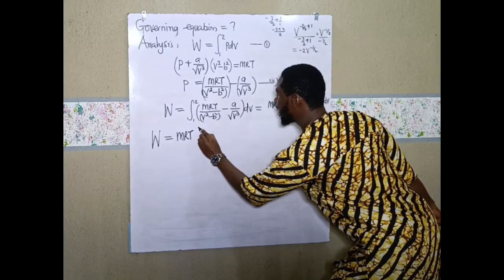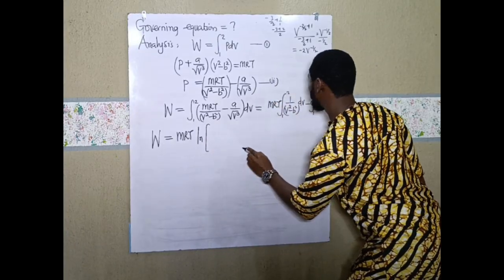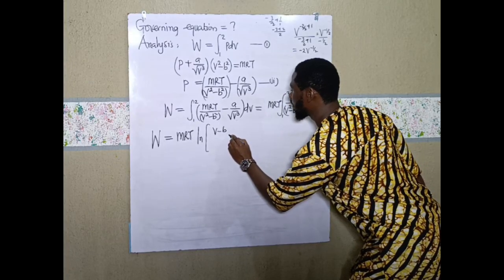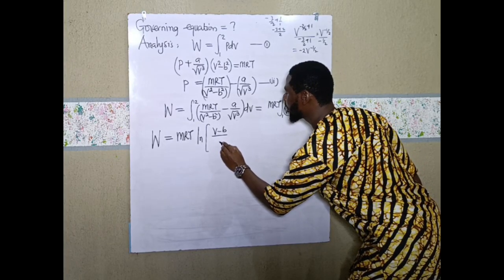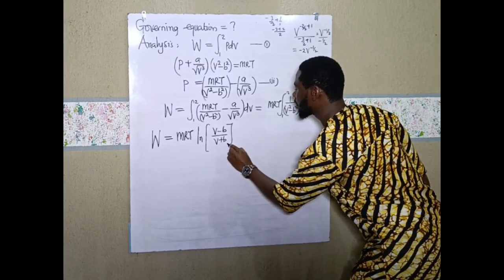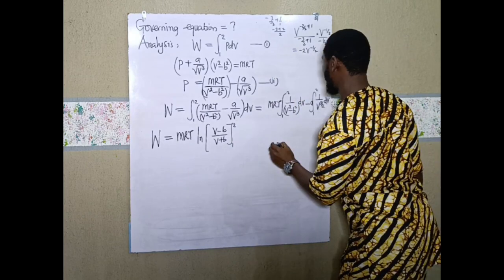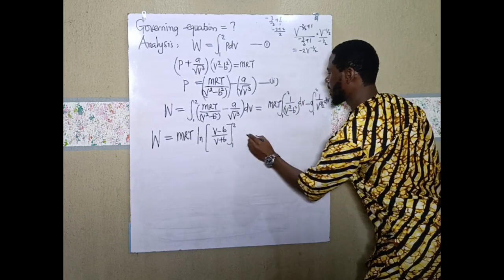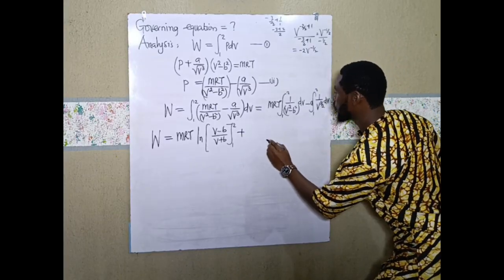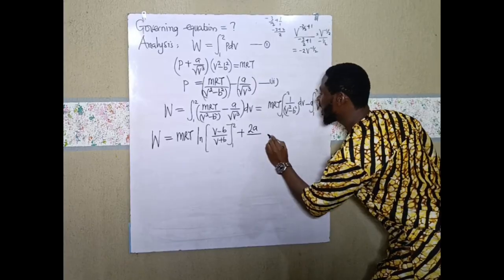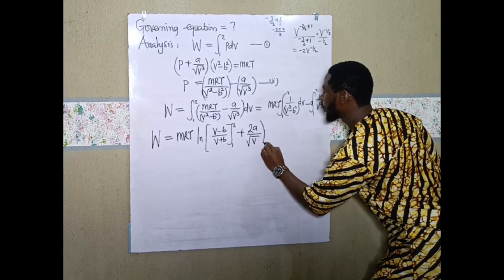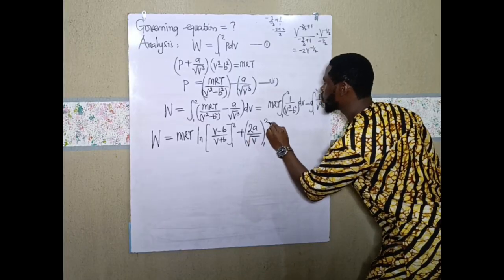Now, integrating this expression, we have W equals MRT ln of (V minus B divided by V plus B) as for state 1 and 2, plus 2A divided by square root of V at state 1 and 2.